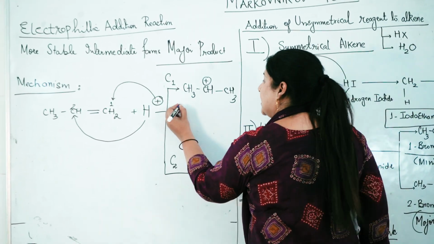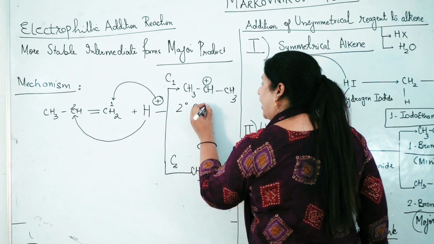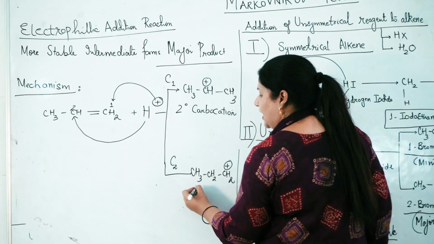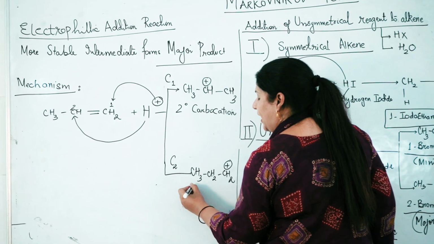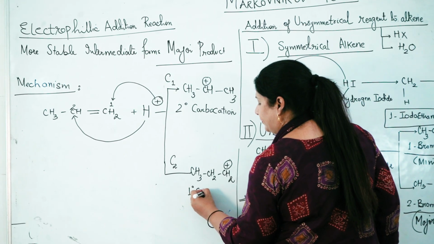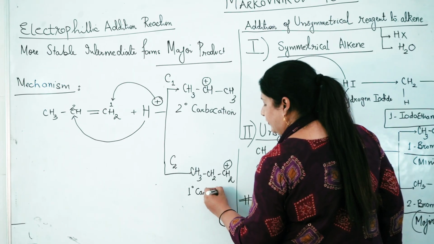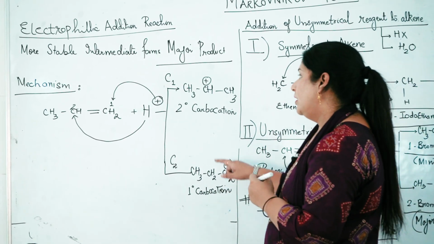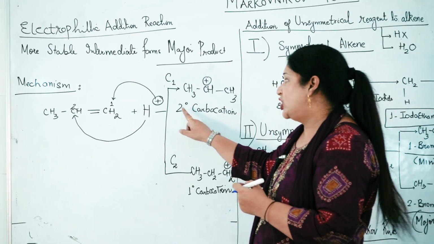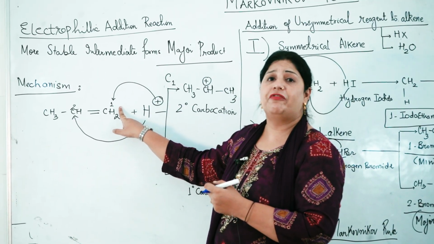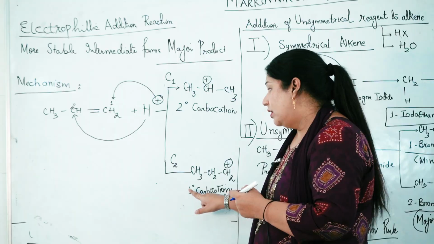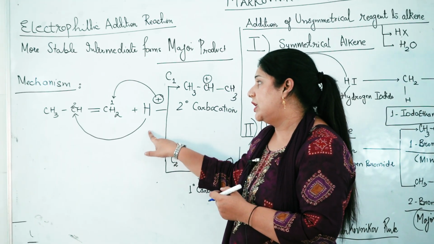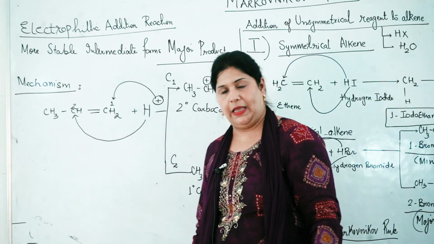Now, can you tell me the degree of this intermediate? Yes, this is secondary carbocation, while it is primary carbocation. This is secondary carbocation which occurs when H plus moves to carbon number 1, and this is primary carbocation which occurs when H plus is added to carbon number 2.